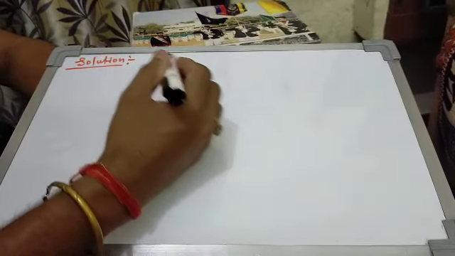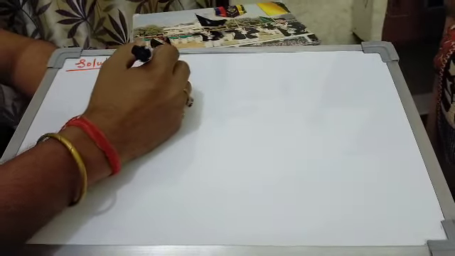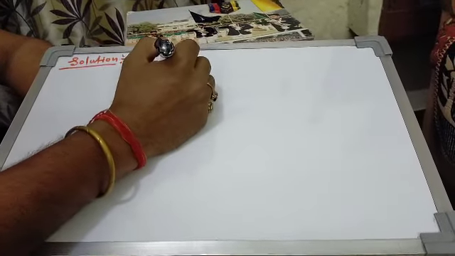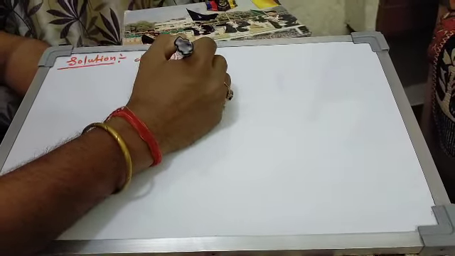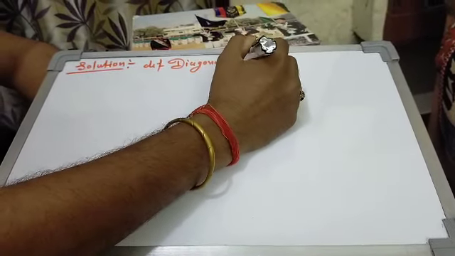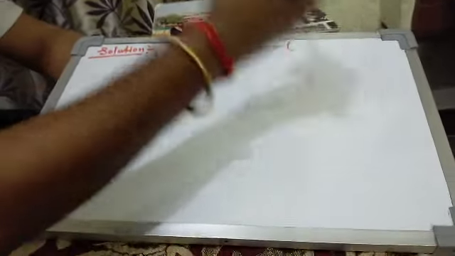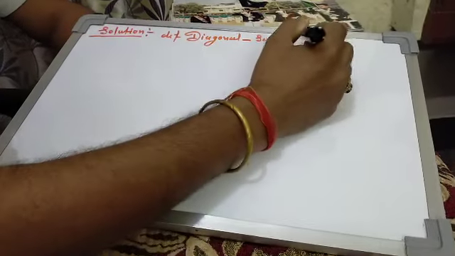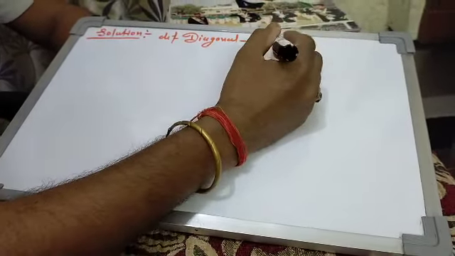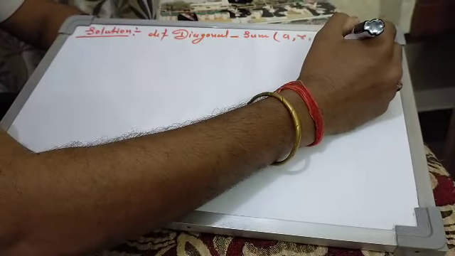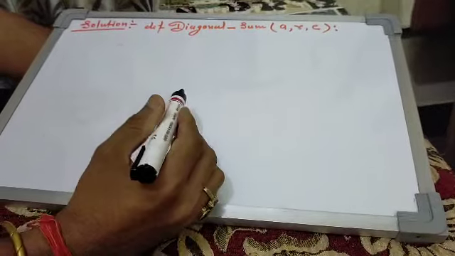So now I am declaring the name of the function: def diagonal_sum, and in the parameters of the function we have to pass the array and its size, means array a and size R and C. R represents the row and C represents the column.